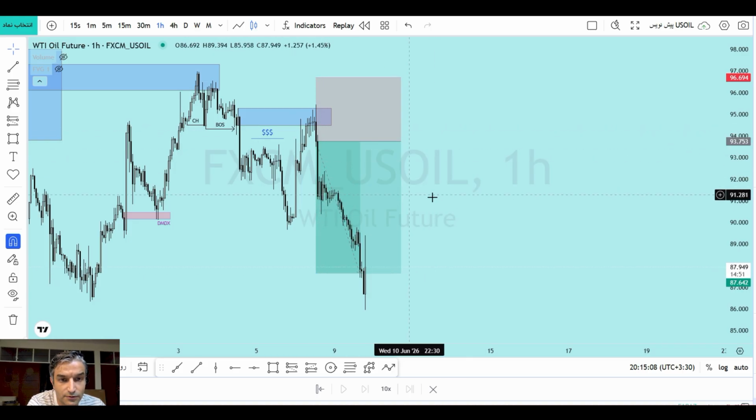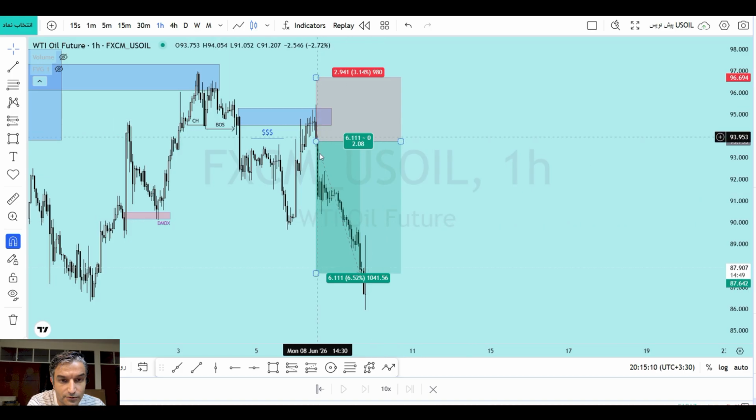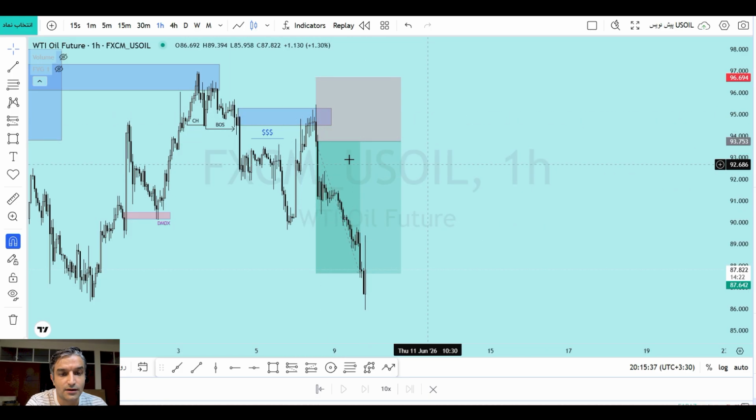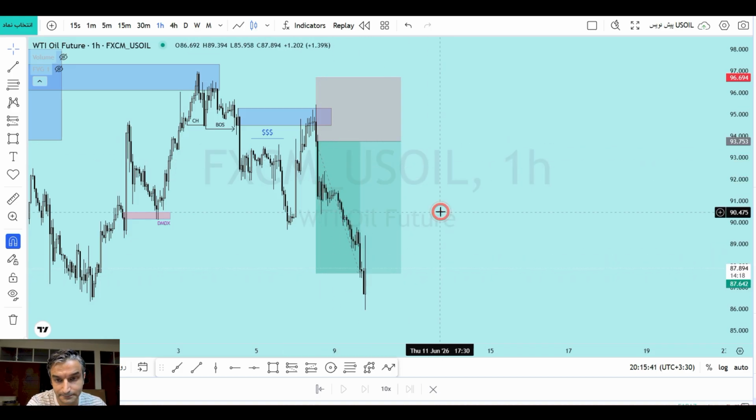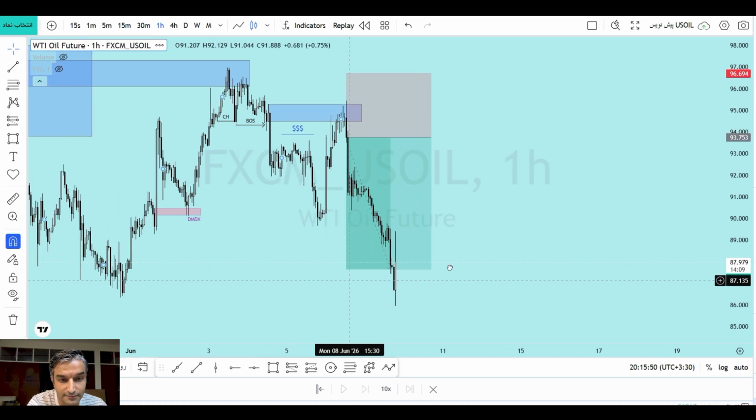As you see, price goes very fast and didn't touch this area again after the engulfing candle where we entered the market. Okay, let's see the second example and second real forecast example.